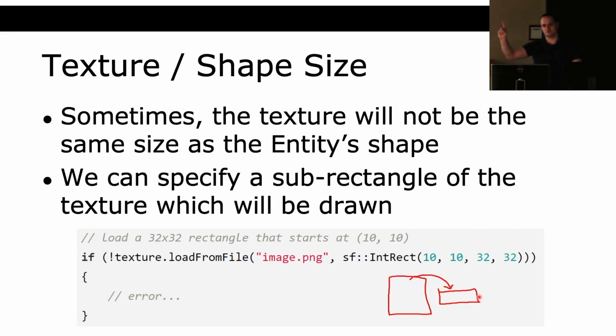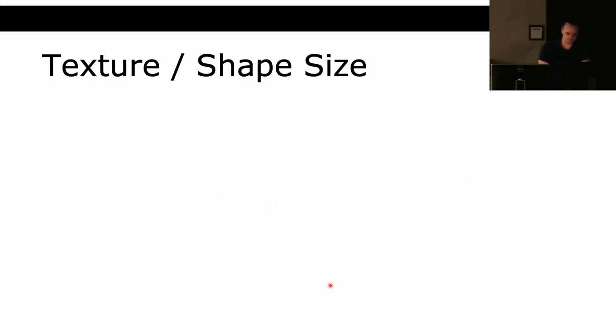Another thing is, I want to load the whole texture into memory and then only draw a subregion of that texture. We're not going to use the first way, because that would have a whole bunch of different textures in memory, a whole bunch of different subregions. We just want to load one texture, the whole texture, and then specify which part of that texture to draw.